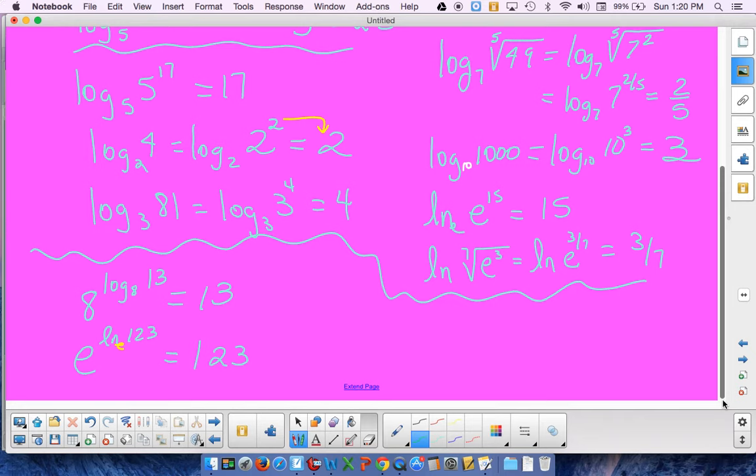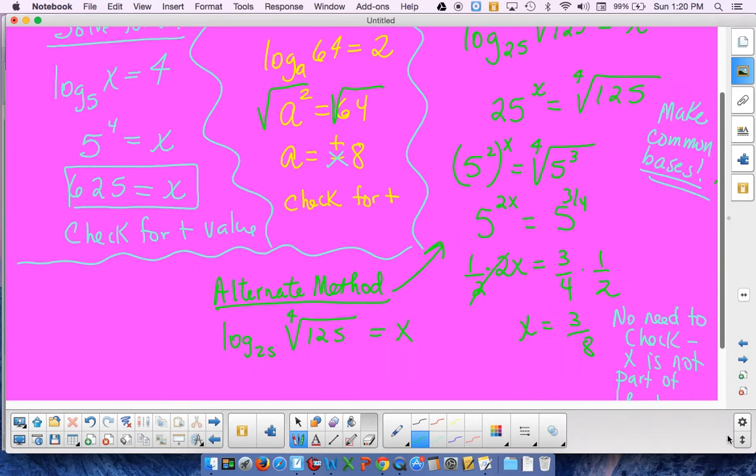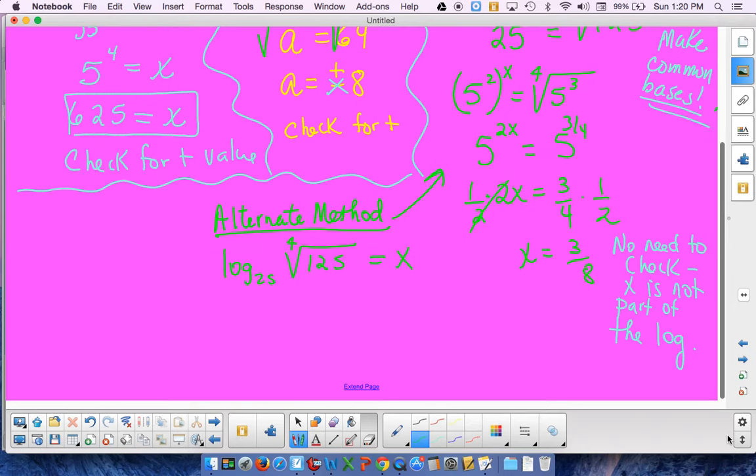Over here at the bottom left, 8 to the log base 8. If I raise an exponential function to a logarithmic power, I can cancel out. So you can pull that stunt here if you like, because it's legal as long as you do the same thing to both sides.